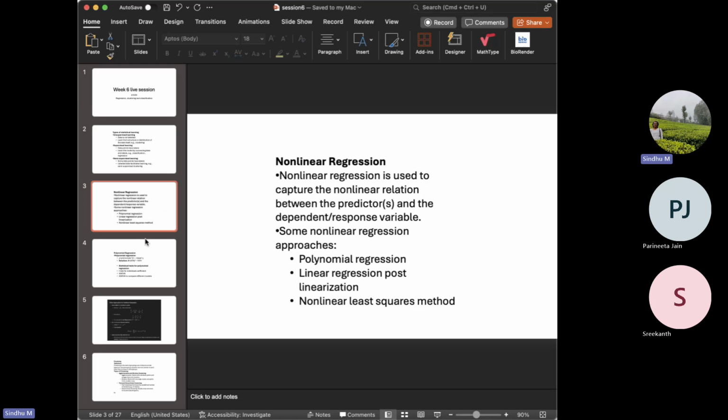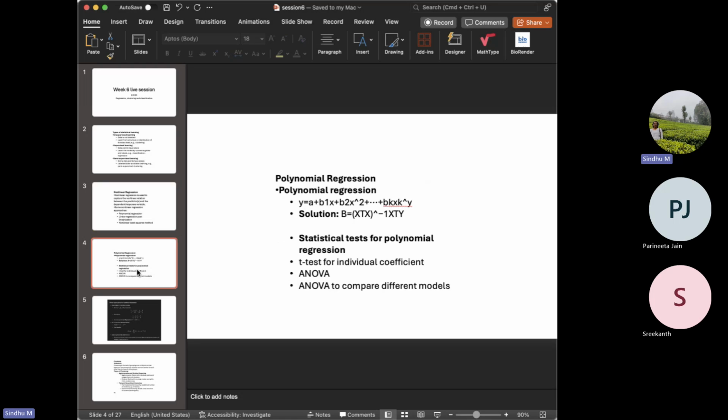One of the types of nonlinear regression is polynomial regression. Earlier we just had a plus b1x, with only x to the power 1 terms, but in polynomial regression we will have higher order terms like x square, x cube, and so on. In the previous case, we fitted the model to find out what B1 and A are.